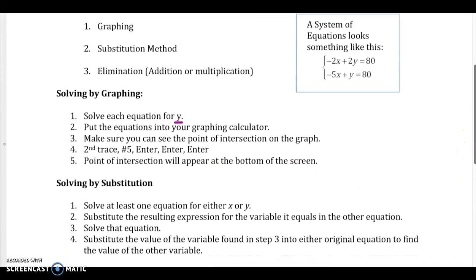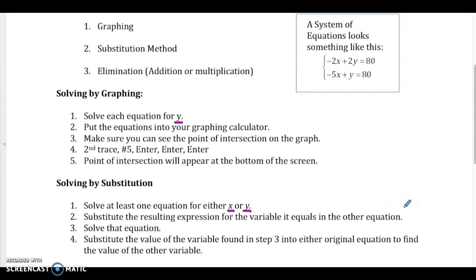If you're going to solve this system by substitution, you only have to rearrange or solve one of the equations for either y or x, okay? So you don't have to rearrange both of them, but just one. You're then going to plug in that expression that you solved for into the second equation, substituting the resulting expression for the variable that it equals in the other equation, and then solve that equation.